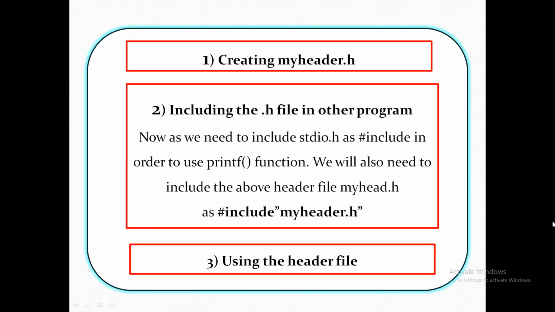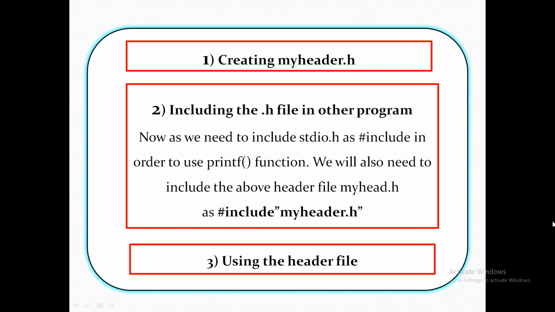And here we have three phases to create a header file. First is creating the header file. Just type it in Notepad and save it with the .h extension, and I'm going to demonstrate all the phases to create your own header file now.